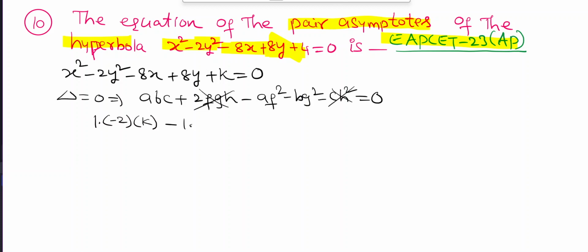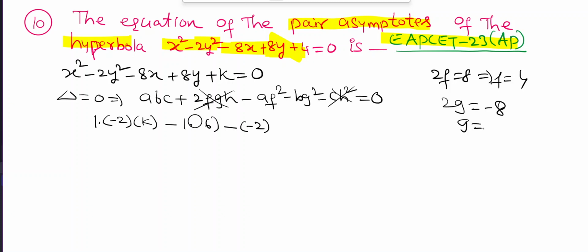Minus a, 1 into f square. f is from the y coefficient, 2f is equal to 8, so f is equal to 4. f square is 16. Minus b, this is minus 2, g square: the x coefficient, 2g is minus 8, g is equal to minus 4, so g square is also 16, is equal to 0.